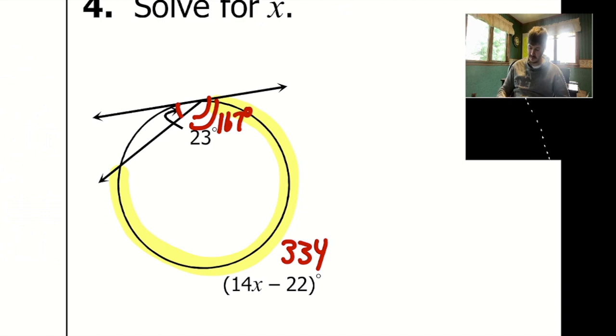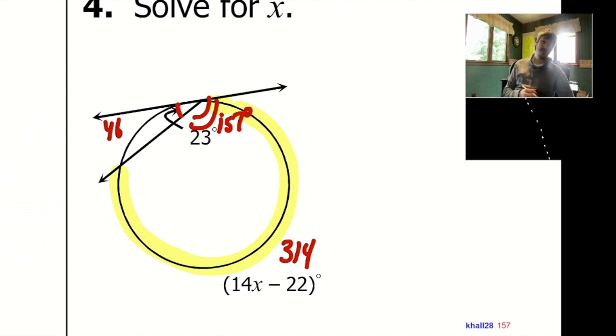This should be 157. Right? Yeah, that makes more sense. So if that's 157, we can double that. That's 314. Yeah, that makes a lot more sense. The reason I was able to catch that because I knew this was 46 degrees, and I knew those had to add up to 360.